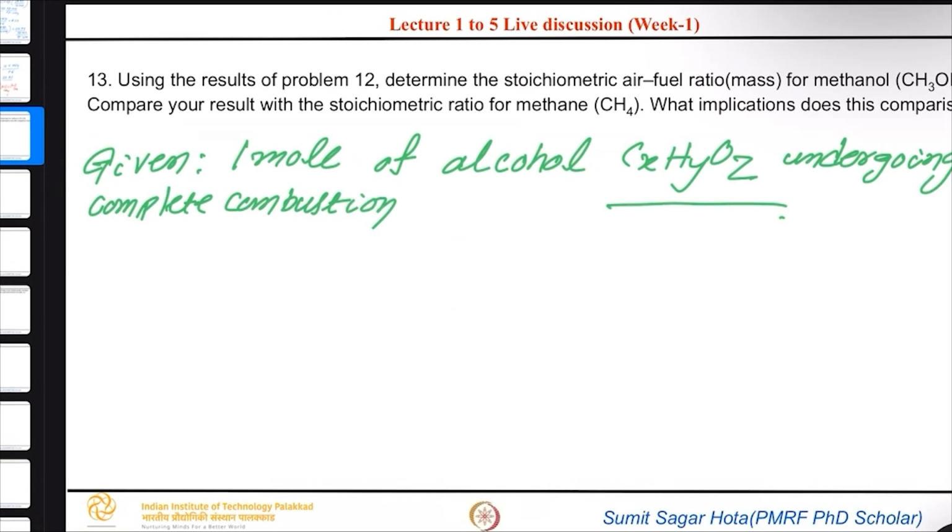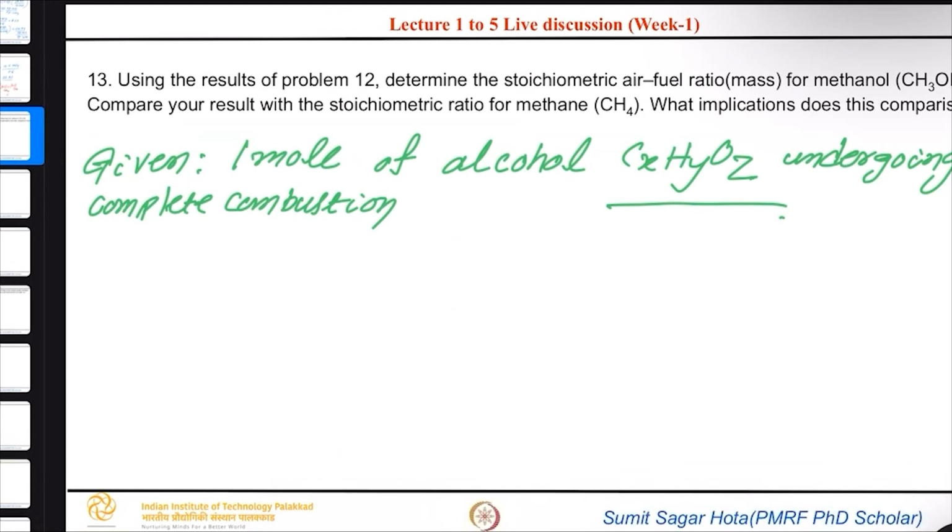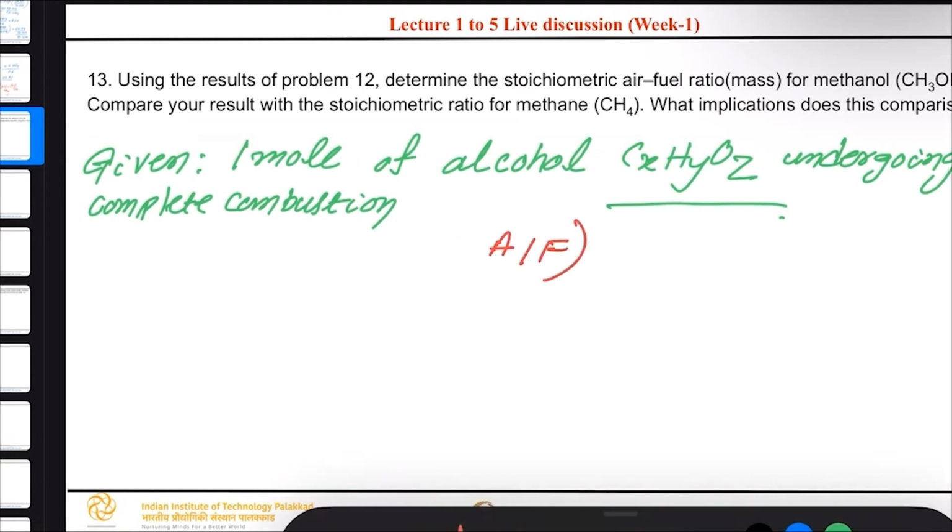So what is problem 12? From problem 12 these things are given. I write down what things are given so that it will be very easy for you to understand exactly what is given. That is the air fuel ratio. I just directly write down everything.